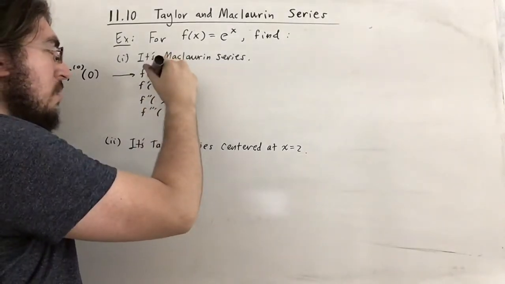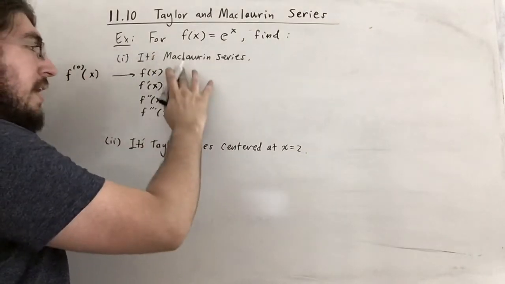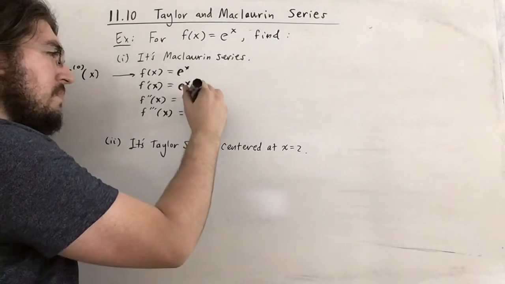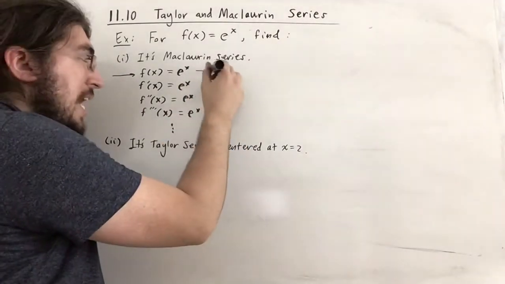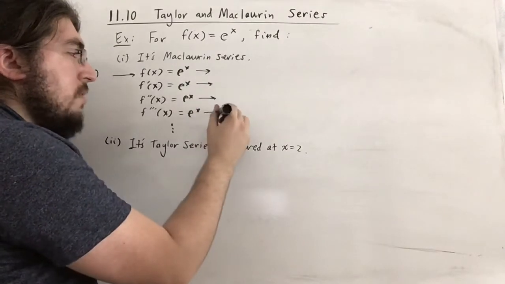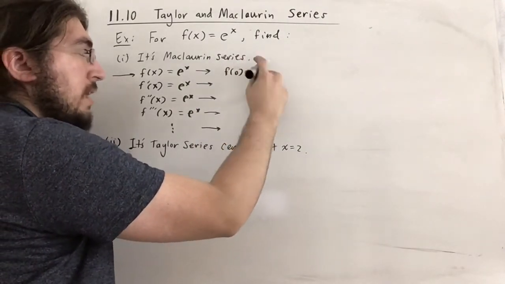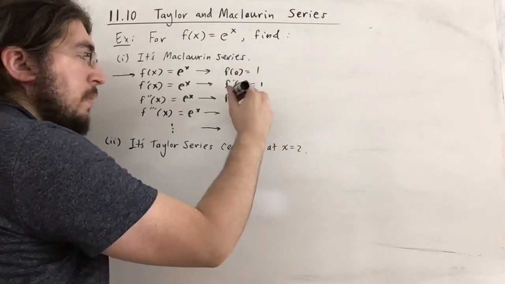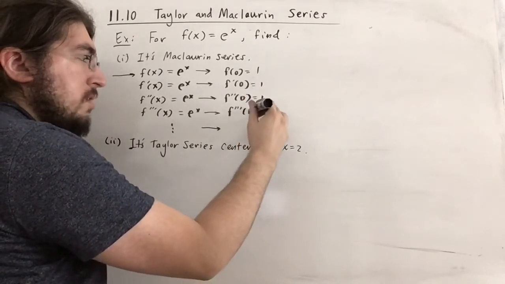So, not to confuse anyone, but if you consider the derivatives of f of x, we get e to the x for each of them. So it's always going to be the same. Then when you evaluate them at x equals 0, you get f of 0 is equal to e to the 0, which is 1, f prime of 0 is also 1, f double prime of 0 is also 1, f triple prime of 0 is also 1.